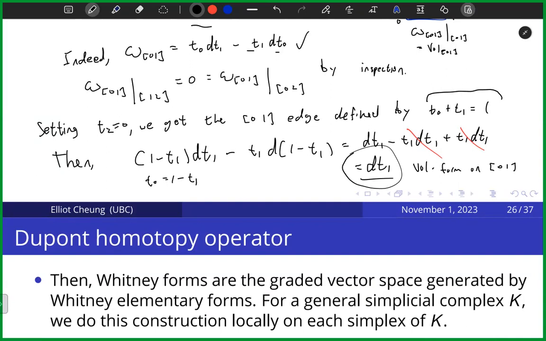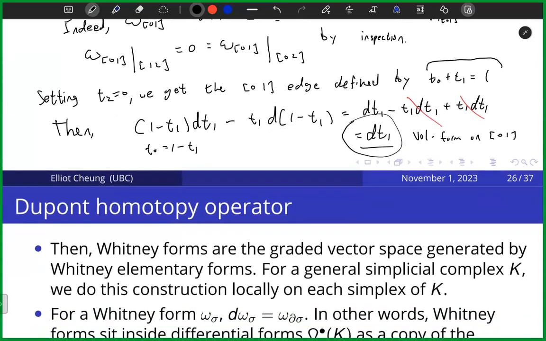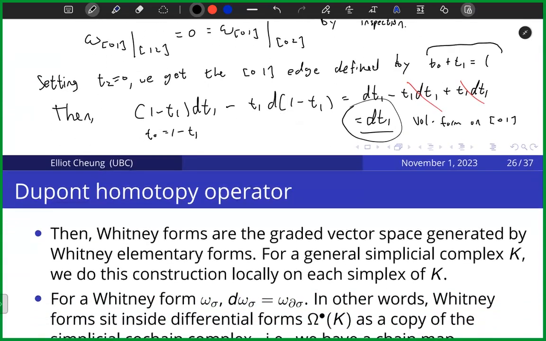For a general simplicial complex that isn't just delta n, you can perform this construction locally on each simplex of K. So it's going to be a direct sum of all the Whitney forms on each simplex. You can check that for a Whitney form associated to a face sigma, its de Rham differential gives you a Whitney form associated to the boundary of that face.